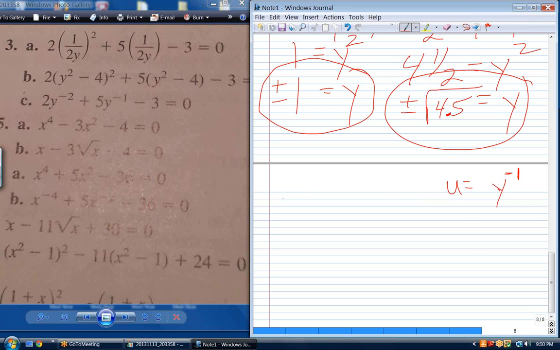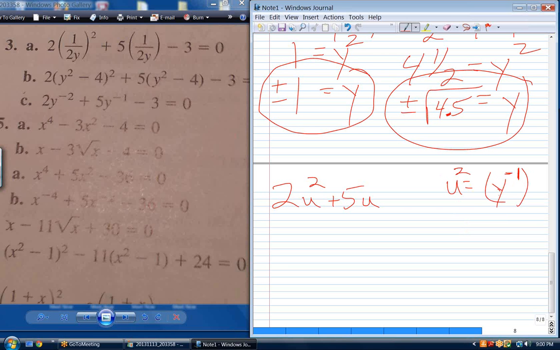Okay, so now my quadratic, again, is 2u to the negative second. No. Remember that u is y to the negative 1. So this is 2u squared. Notice that if I want to find out what the squared term is, square both sides.